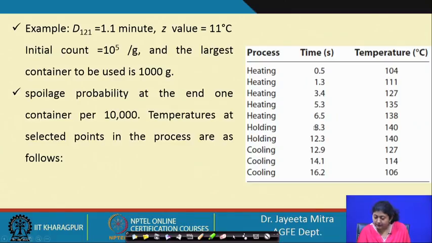At 6.5 second, it is 138 degrees Celsius. It reaches the holding section at 8.3 second, and is held up to 12.3 second. The temperature is maintained here at 140, then cooling starts from 12.9 second and goes up to 16.2 second, where the temperature has reduced to 106.